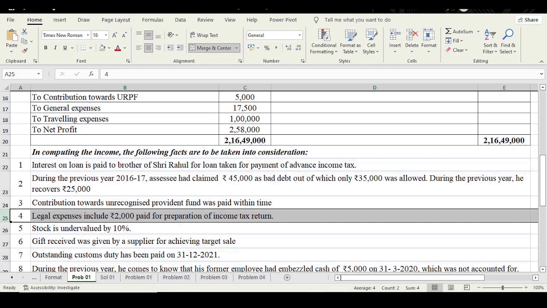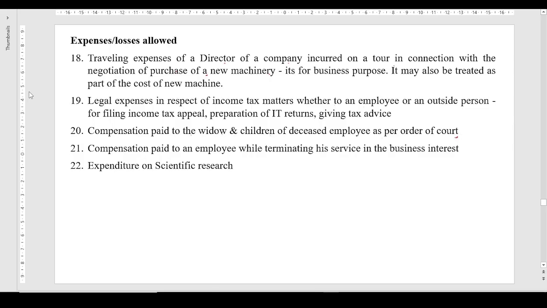So the adjustment relating to legal expenses: legal expenses include rupees 2000 paid for preparation of income tax return. Income tax return is a personal expenditure of the businessman. As such, it is not allowed. Let us go and check whether legal expenses for preparation of income tax are allowed or not. The 19th point: legal expenses in respect of income tax matters, whether to an employee or an outside person.